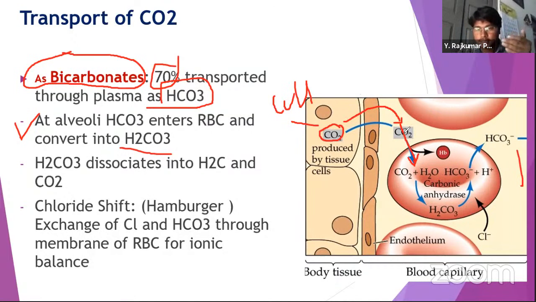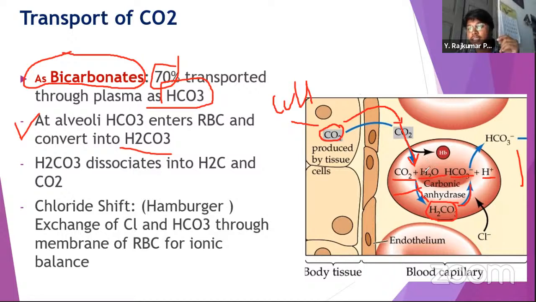Carbon dioxide produced by cells enters the RBC and mixes with H2O. It forms H2CO3. Some amount of carbon dioxide is transported in the form of carbamino compounds. And this H2CO3 further divides into HCO3 minus plus H plus. The enzyme required under these conditions is carbonic anhydrase.